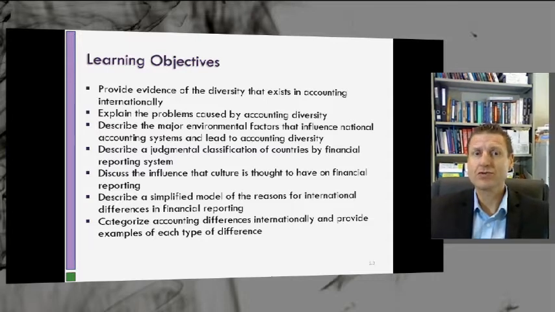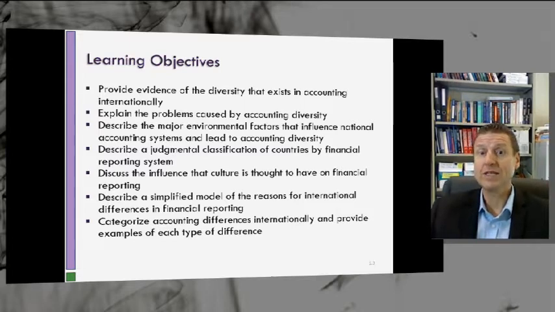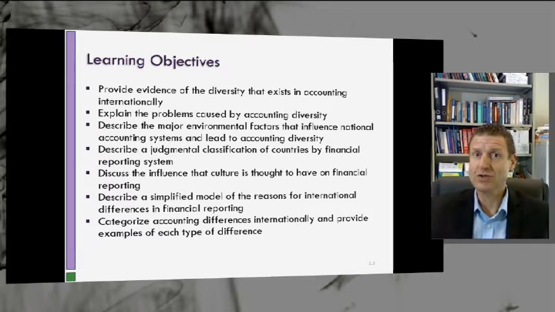We want to describe a judgmental classification of countries by financial reporting system, and we want to discuss the influence that culture is thought to have on financial reporting, and to describe a simplified model of the reasons for international differences in financial reporting. And finally, we want to categorize the accounting differences internationally and provide examples of each type of difference.